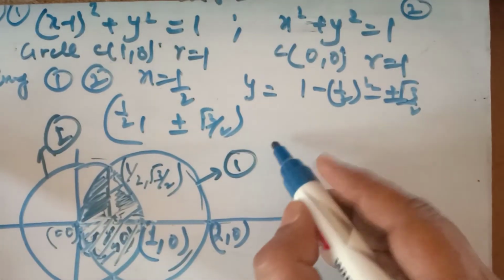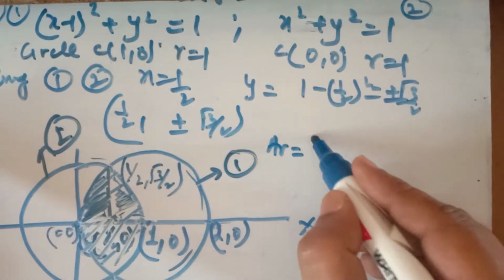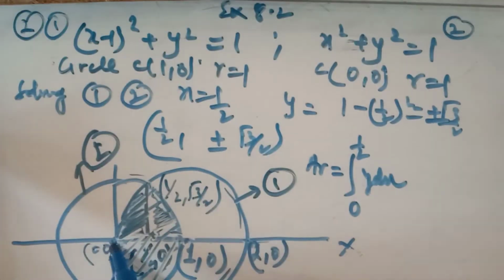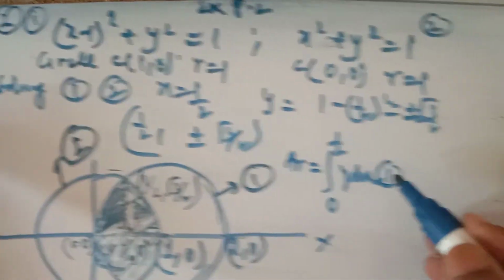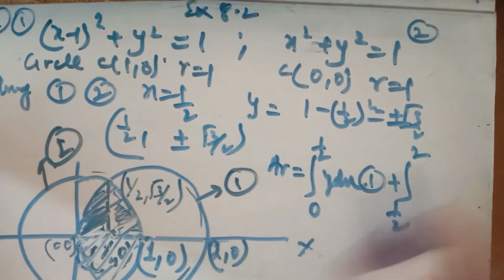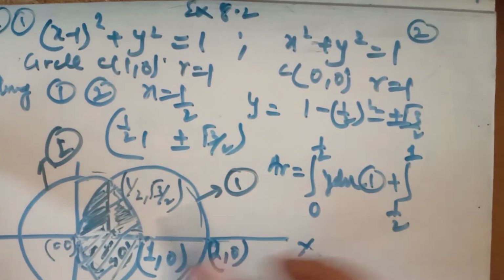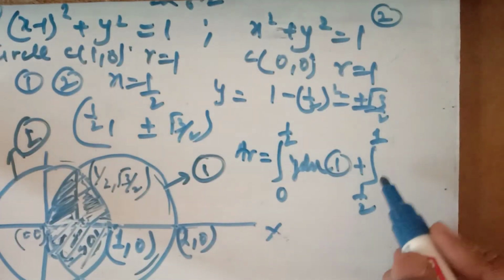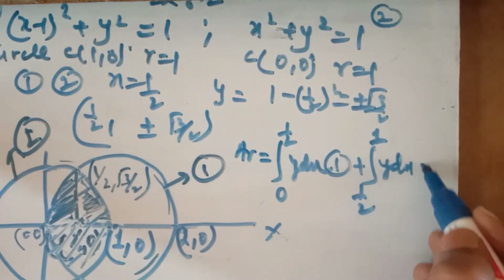So first of all, you find which area you have to find. From 0 to half, y with respect to x of whichever circle is touching, that is the first, plus from half to 1, which is touching the second circle, y with respect to x of the second.